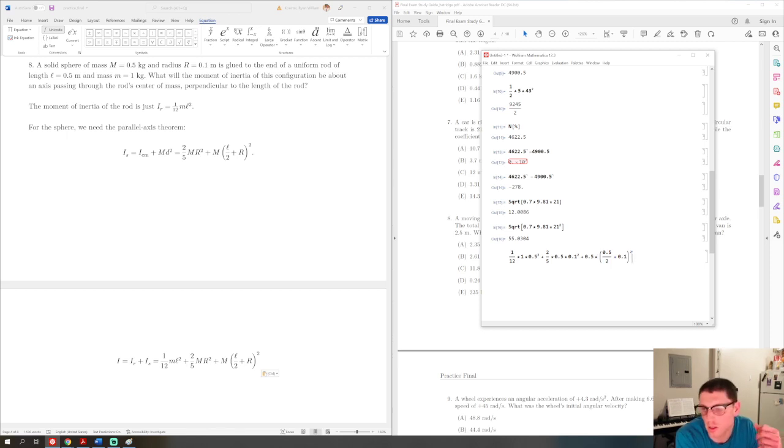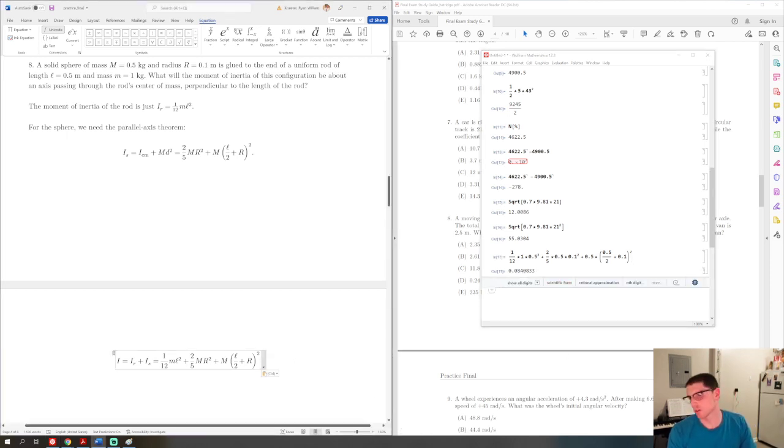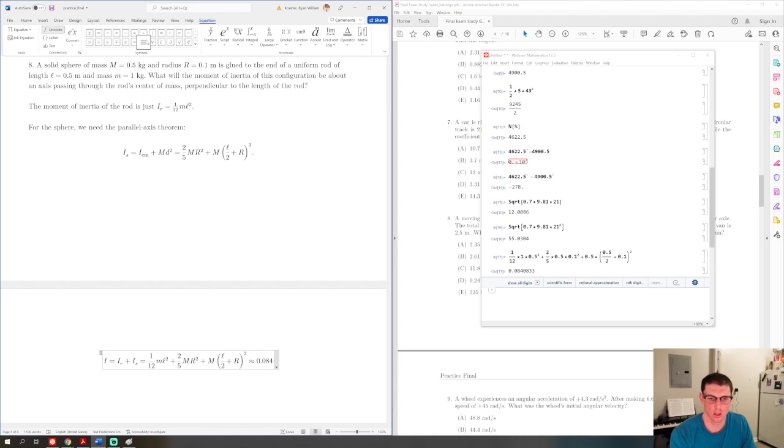Let me just double check this. I think this looks good. So it's rather small. It's like 0.084 kilogram meters squared.